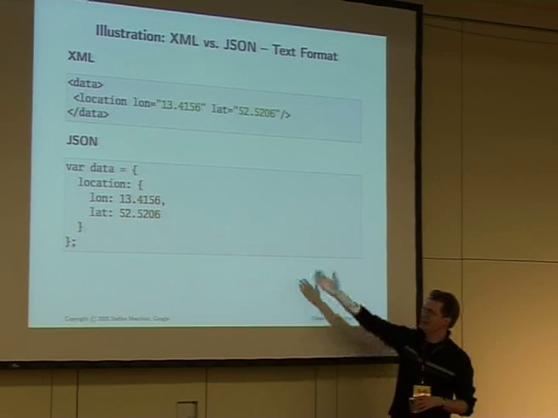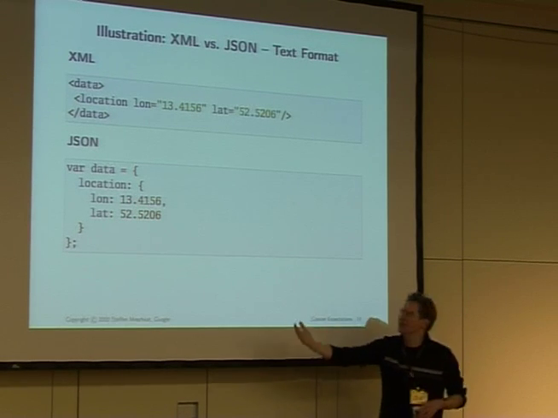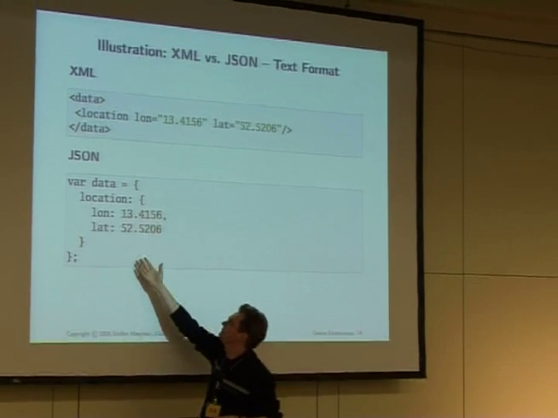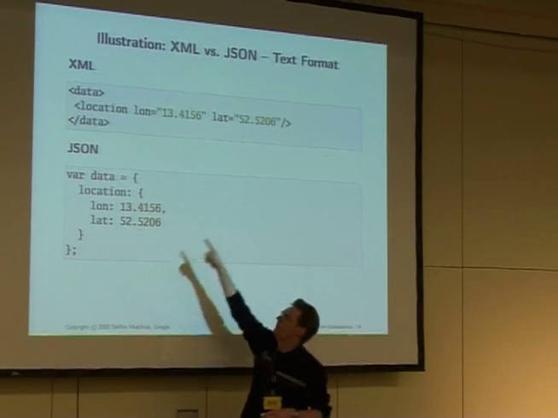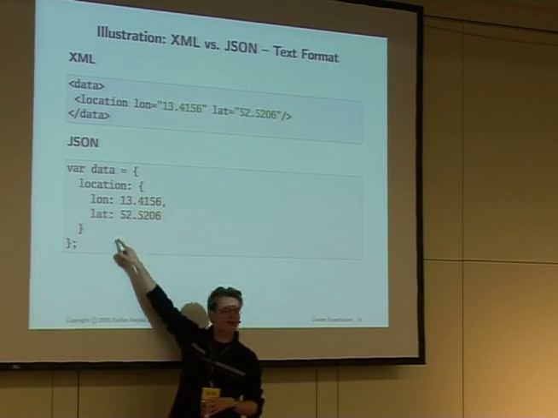And the alternative is to just write a JavaScript literal data structure. This is just a way to write literal objects in JavaScript. And you can see the similarities between the two. The thing is that this is actually valid JavaScript syntax.